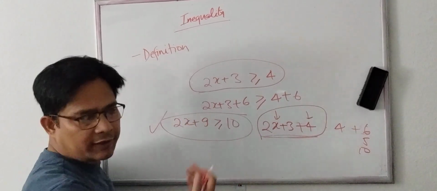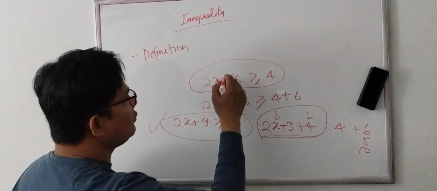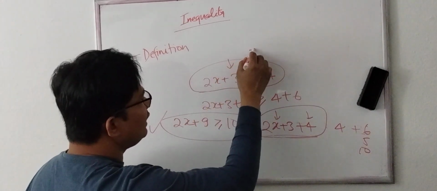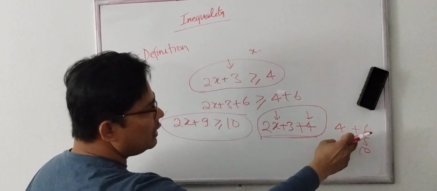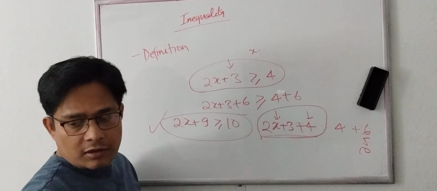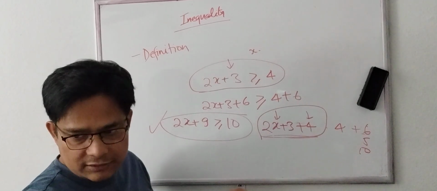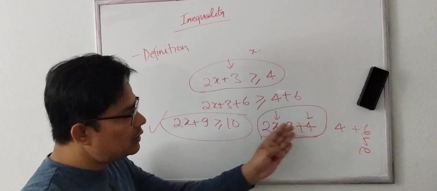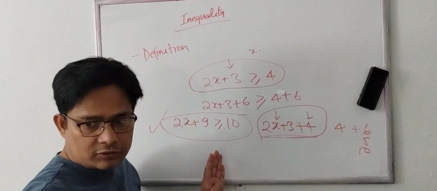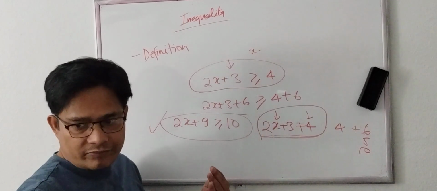Here we can solve and find the value of x and determine what happens if we add 6. Will the relationship change or not? But for some unknown relation where you have 2 or 3 variables and you are adding or subtracting different numbers to both sides, in that case it might happen that the relationship will change.